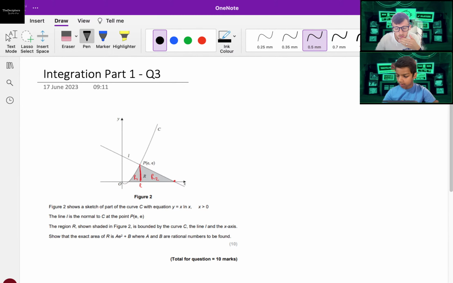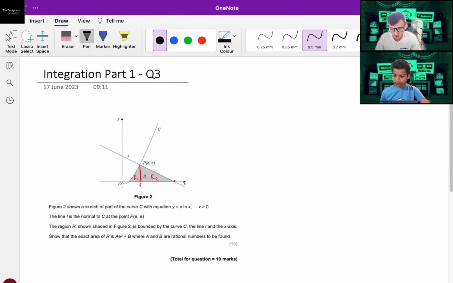But to find that, I think we need to work out the equation of the line. We do. So this is why I said it's probably best not to think about the integration just yet, because there's still quite a bit of work to do.